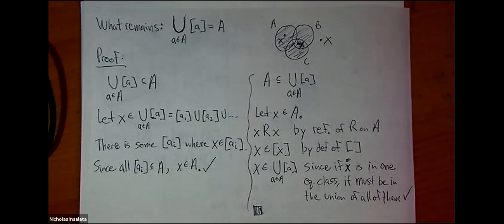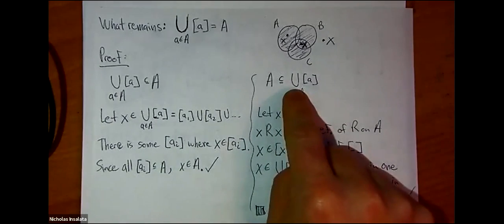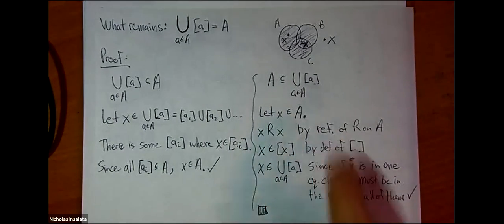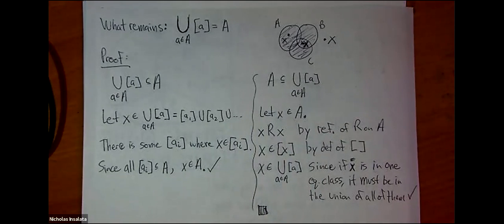But put a bit of effort in and see if you can figure out what these things are actually saying, and especially the syntax of the symbols and how all the symbols are used and how they fit together. I mean, that's why we did like a million examples, right? So that when we use this big U, you know what the heck we're talking about. When we say reflexive, you know what the heck we're talking about, right? That's why we did a bunch of practice with all of these vocabulary terms, this notation that we've been using.